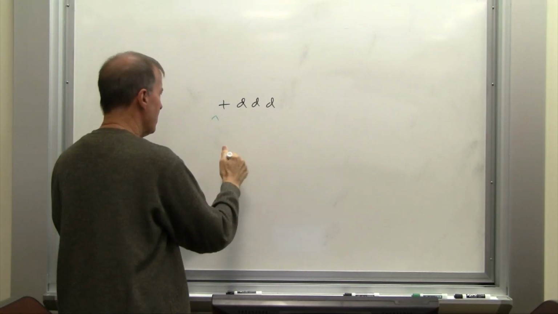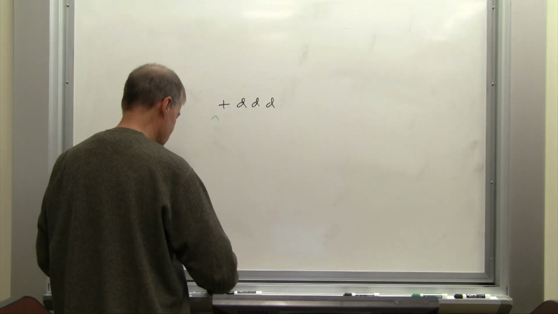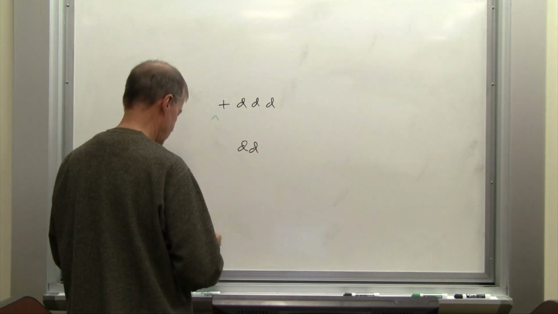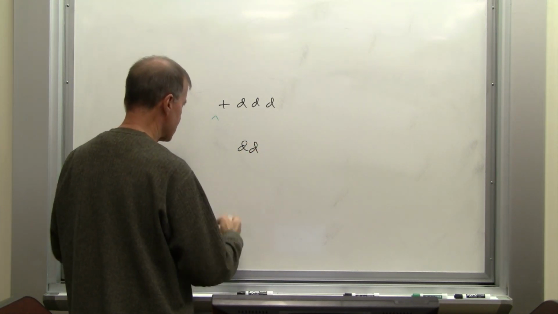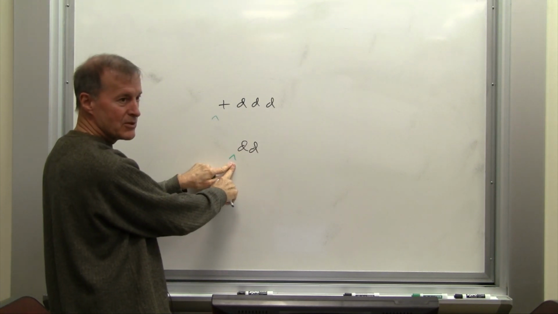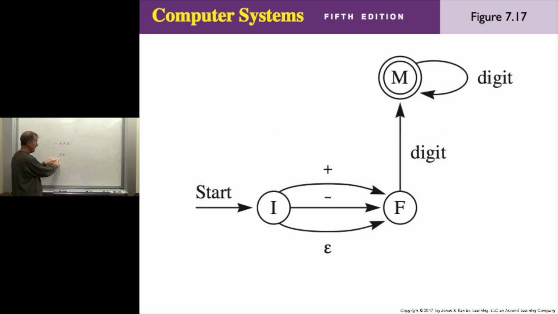But then what about this string, D D? Now we start here, and what would we do in figure 7.17? We'd take the empty transition to F, and then we wouldn't scan anything.